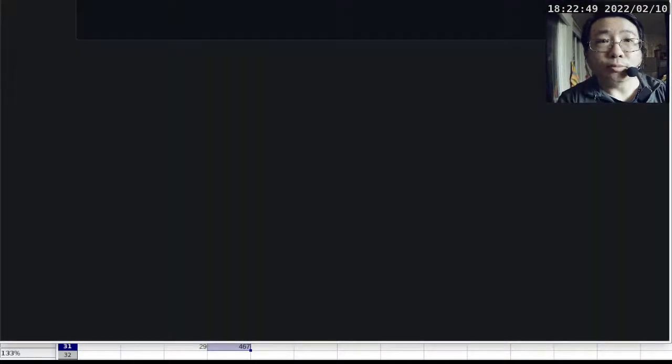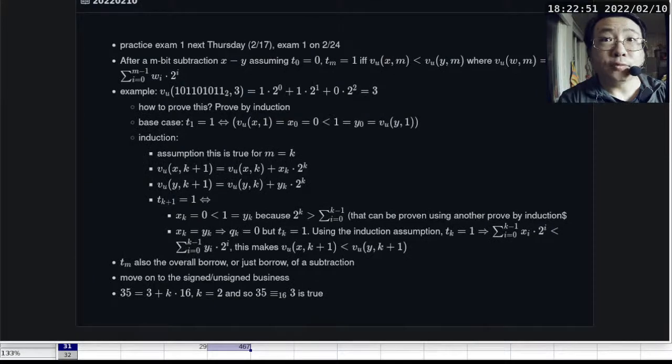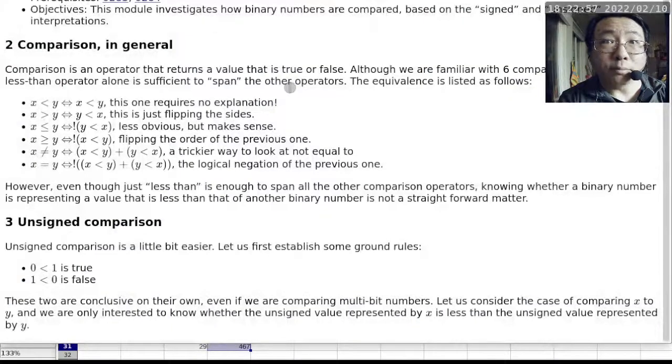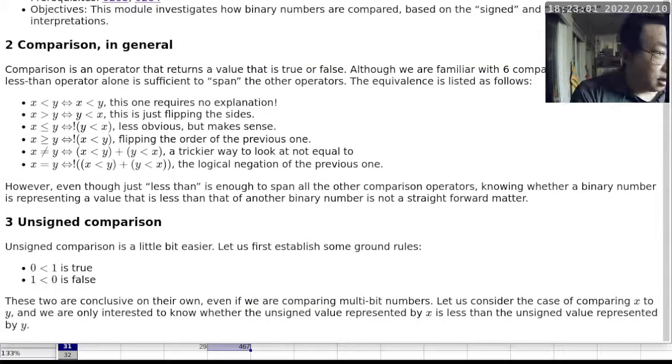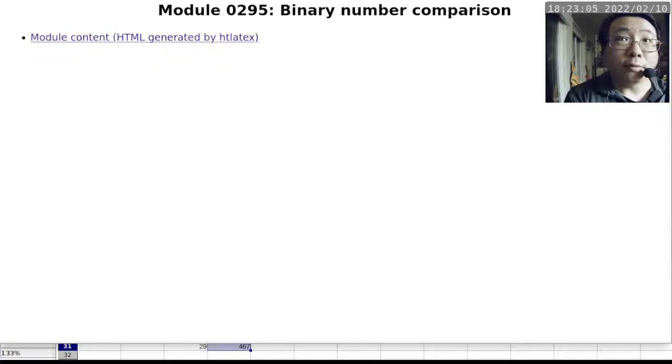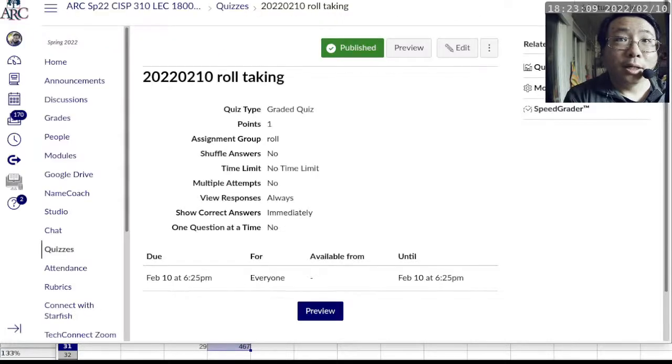And now we can switch back to the notes of today. The module should be refreshed now. So good job, you guys. Liu Zhao, you did a good job catching my mistake. And where is that module?